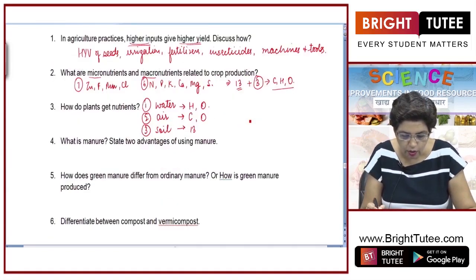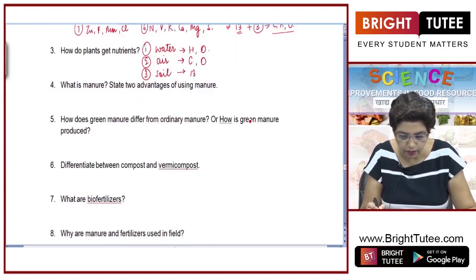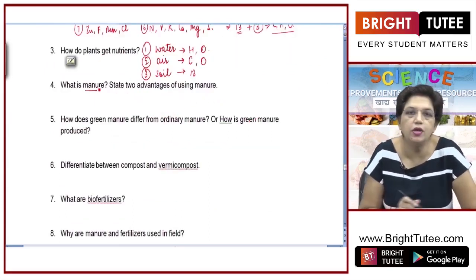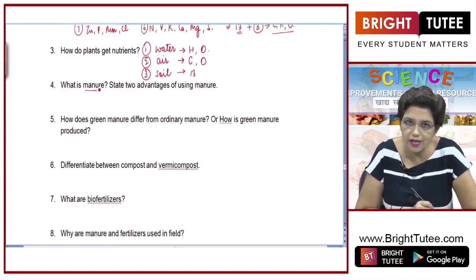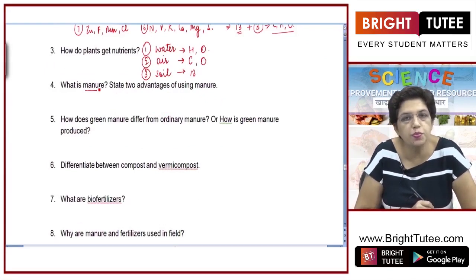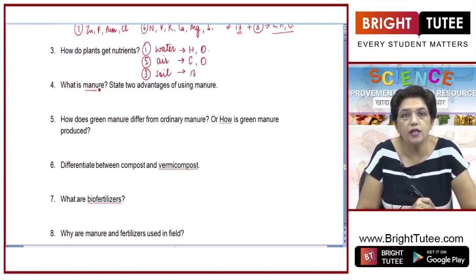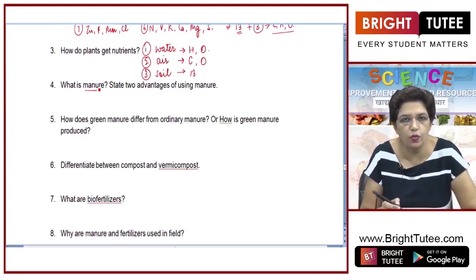Next question, what is manure? State 2 advantages of using manure. Manures are natural organic substances which are used to improve the fertility of the soil. They are obtained by decomposition of natural waste like plant waste, farm waste, animal waste like cow dung, then vegetable peels, domestic waste.